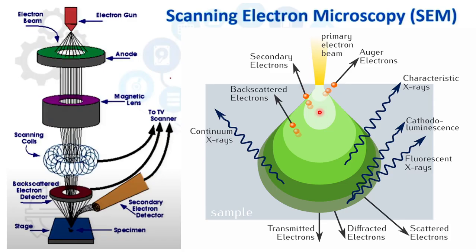But the backscattered, secondary, transmitted or diffracted electrons are possible for almost every sample. And for the Auger electron, we will discuss how Auger electron or secondary electron is generated, then it will be clear, and whether it is possible for each and every element, or what the criteria are to release the Auger electron or X-ray.